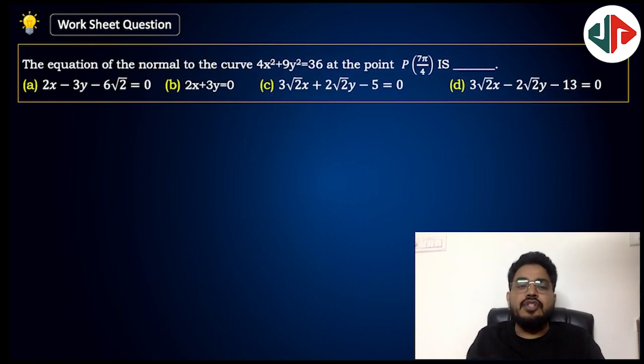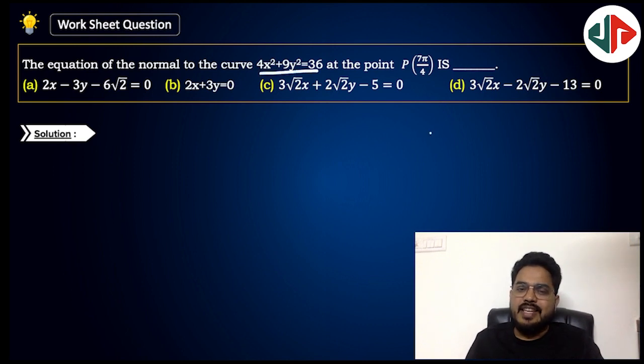Equation of the normal at this point. So you should know your conic sections properly. This equation is x square by 9 plus y square by 4 is equal to 1. Any parametric point on this is (3 cos theta, 2 sin theta).